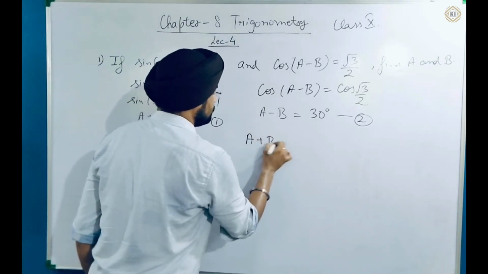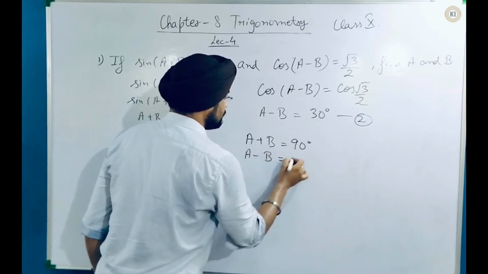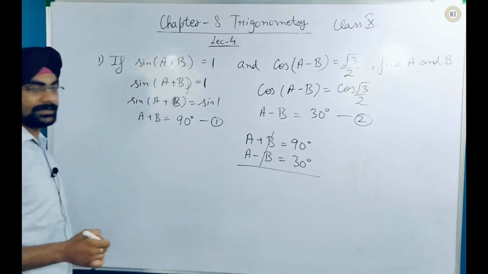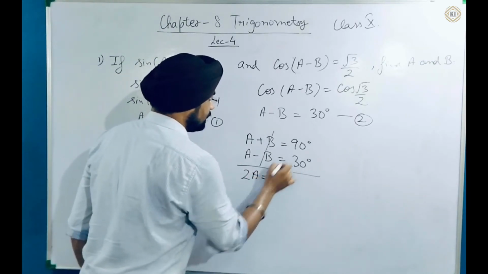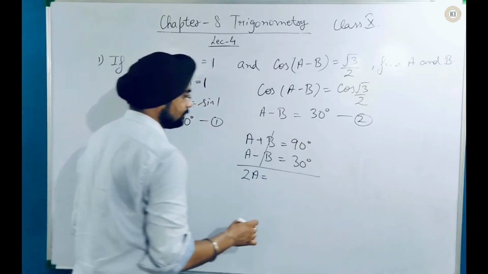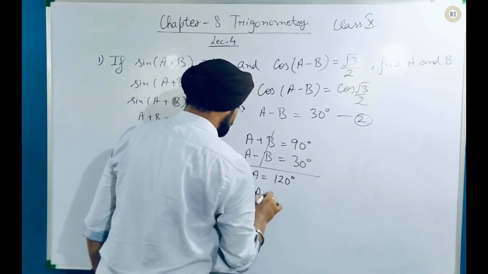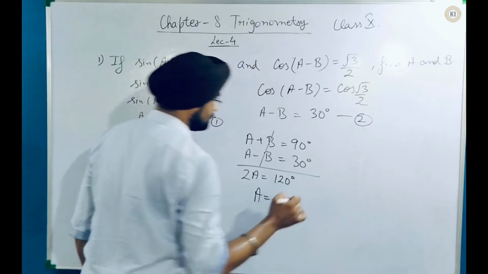So a plus b is equal to 90 degree and a minus b is equal to 30 degree. When we solve, plus b and minus b cancel. So a plus a will be 2a, 90 plus 30, that is 120. So value of a is 120 upon 2, that is 60 degree.